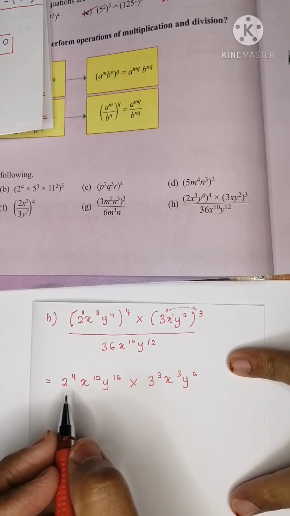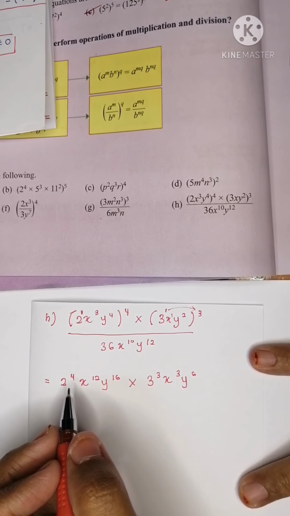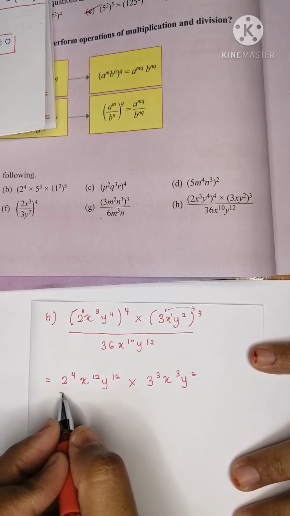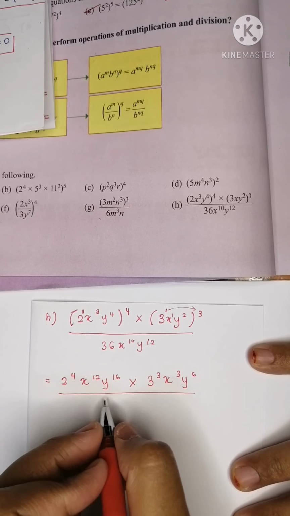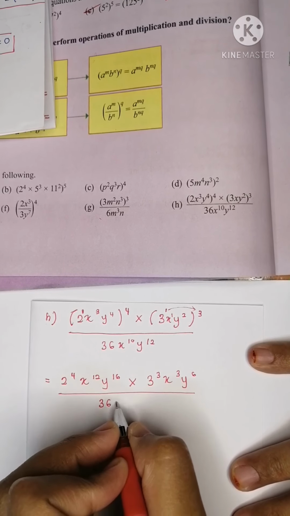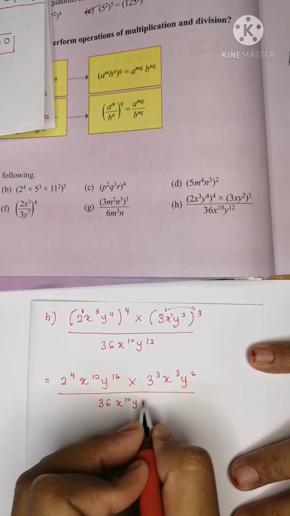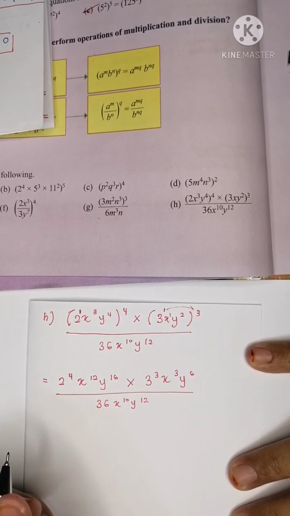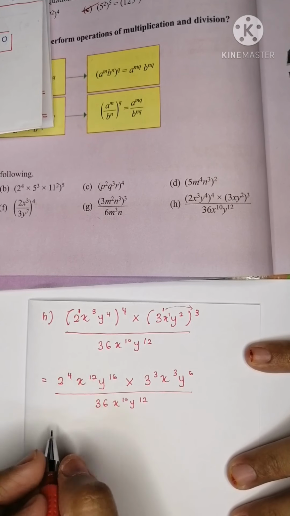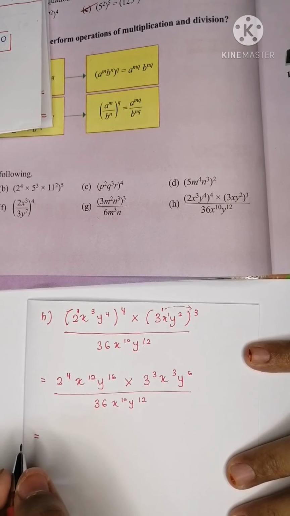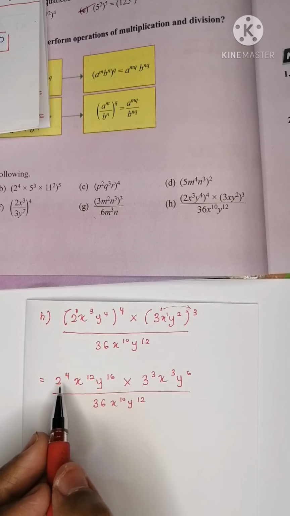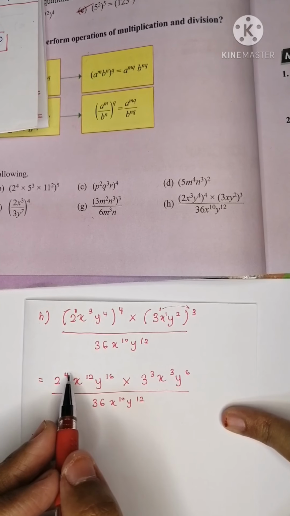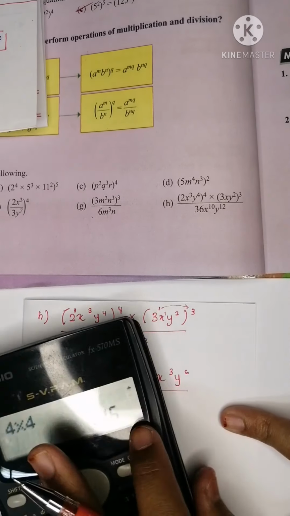Now look at the denominator. For the denominator, just copy back 36 x to the power of 10, y to the power of 12. Now what should you do? 2 to the power of 4, what do you get?